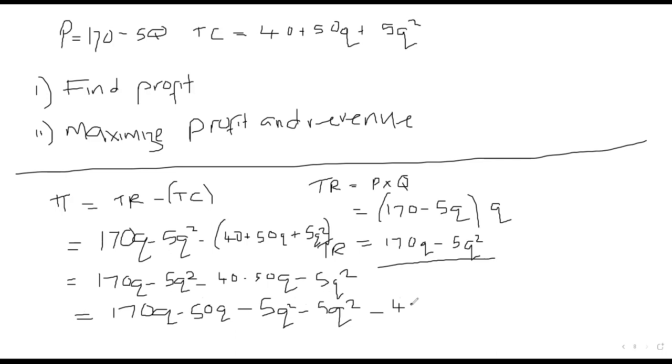So what becomes our final answer? 120Q minus 10Q squared minus 40.